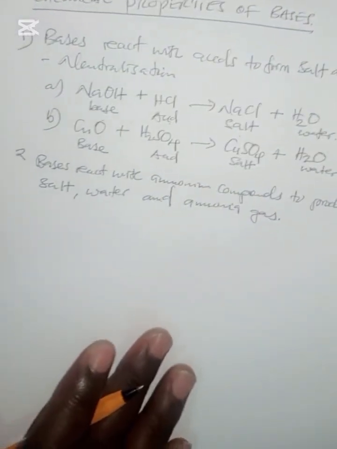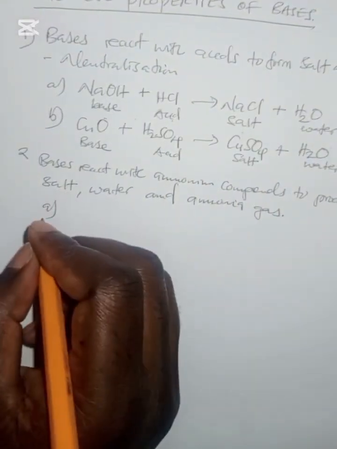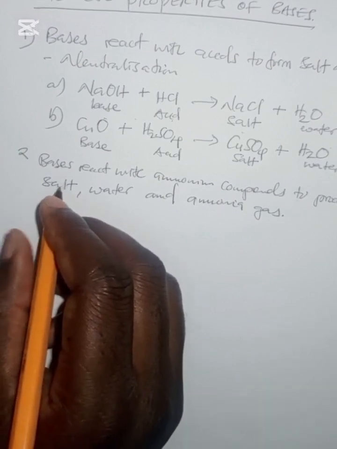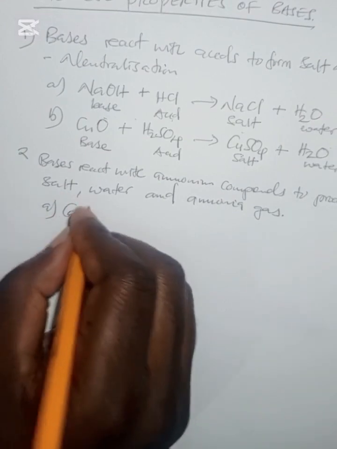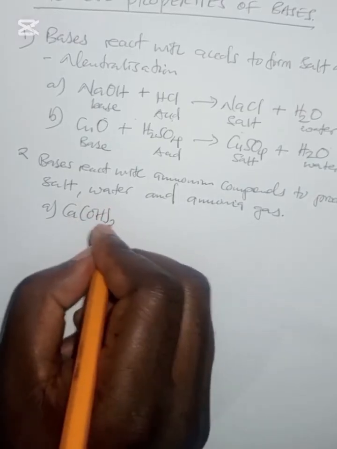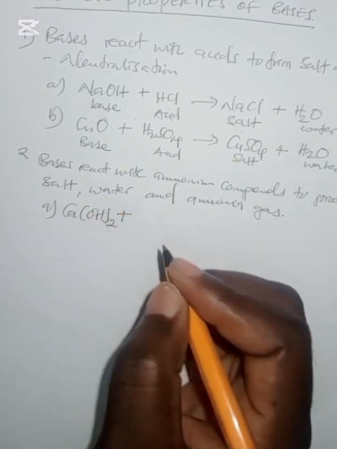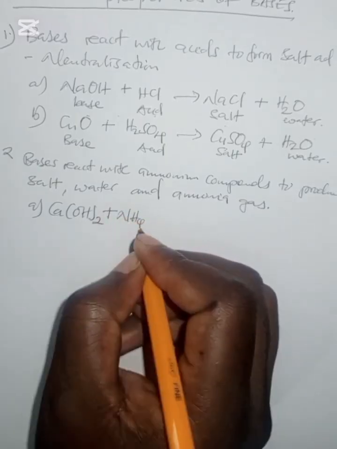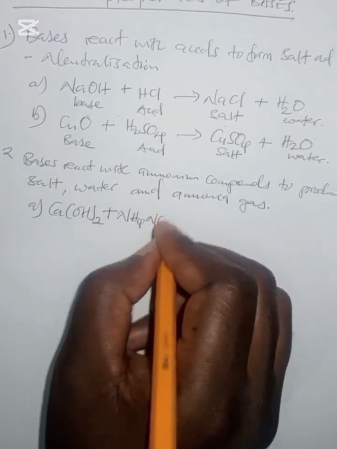Let's take an example. Let's say we have calcium hydroxide, which is a base, reacting with an ammonium compound, which in this case is ammonium nitrate.